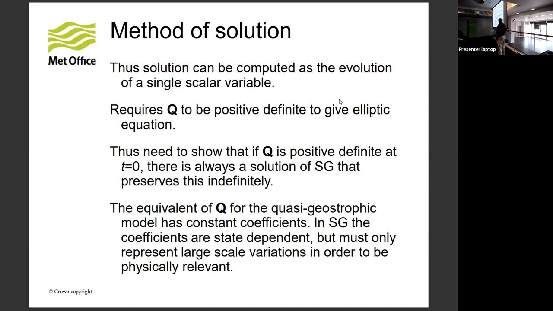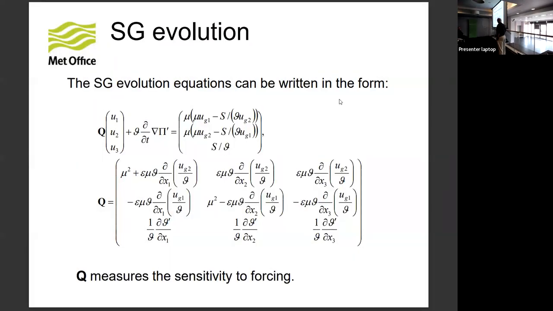But you immediately see that if you allow these coefficients to have small-scale variations in them, you will be very suspicious that your large-scale solution depends on small-scale variations. That tells you it's only going to work on large scales, and in particular these coefficients must only represent large-scale variations. So if you calculate this from high-resolution data and something seems to be huge, that just tells you the theory is not valid on that scale. So you've got to be very careful with that.